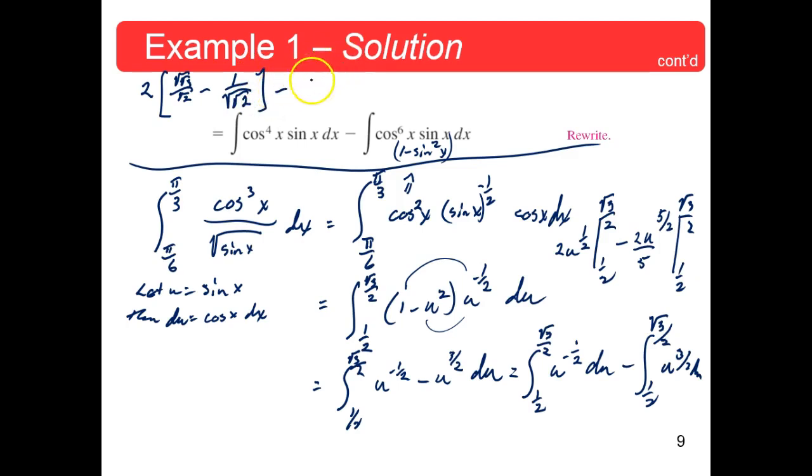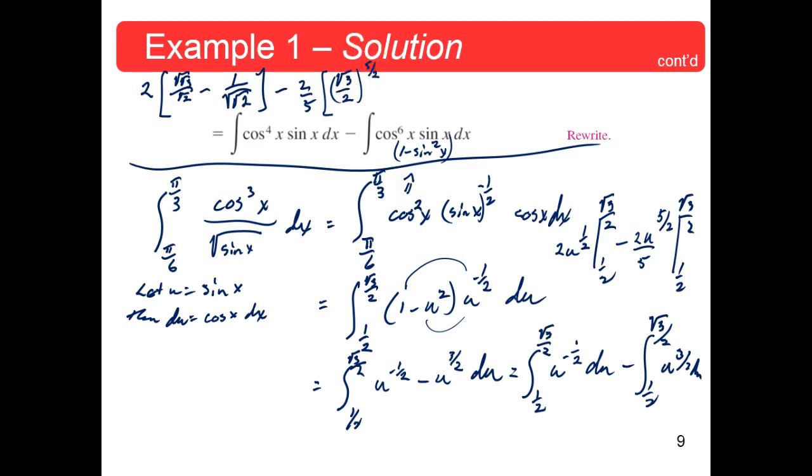Minus 2/5 times the square root of 3 over 2 raised to the 5/2 power.